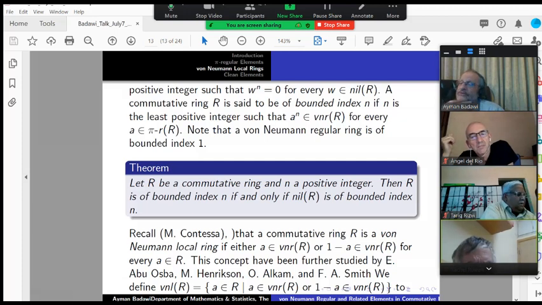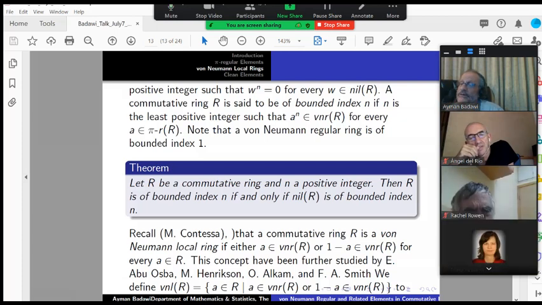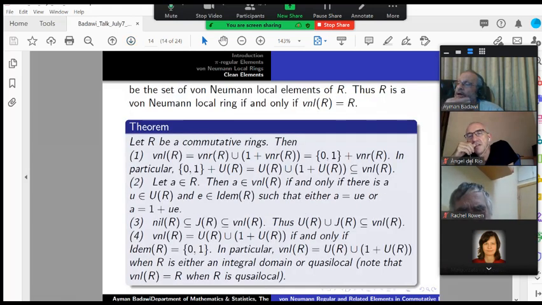This concept has been studied by Contessa, Abu Osba, Henriksen, Acclam, Smith. It's a very nice concept, and we have some results there.